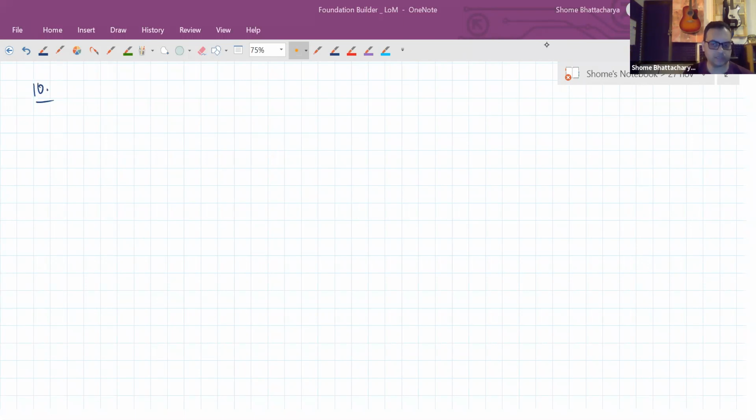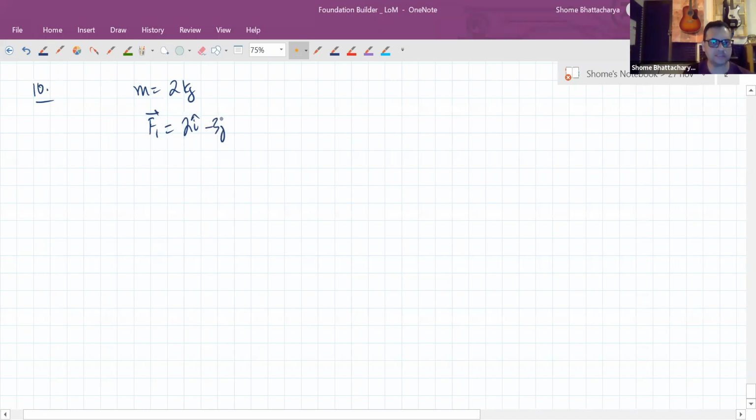The mass of the body is firstly given as 2 kg. F1 is given in vector form as 2 i cap minus 3 j cap, and the second force is given as 4 i cap plus 11 j cap. These are both in newtons.